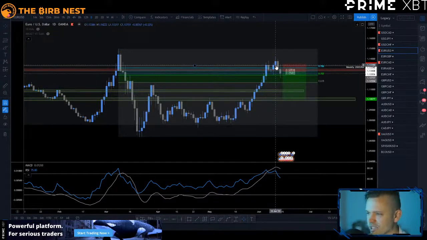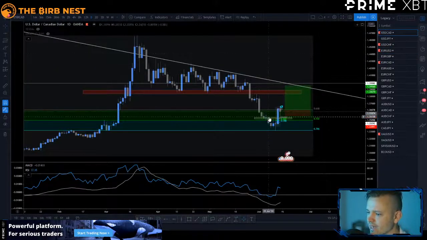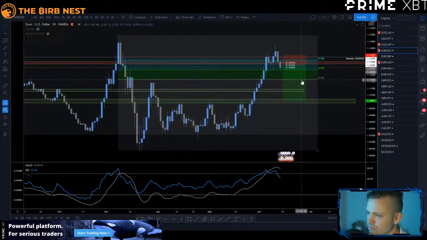This is just such a clear short setup, and if you were to blindly just buy the daily RSI divergences on EUR/USD and USD CAD, come on, you would have gotten in on some really good moves, some good trades.